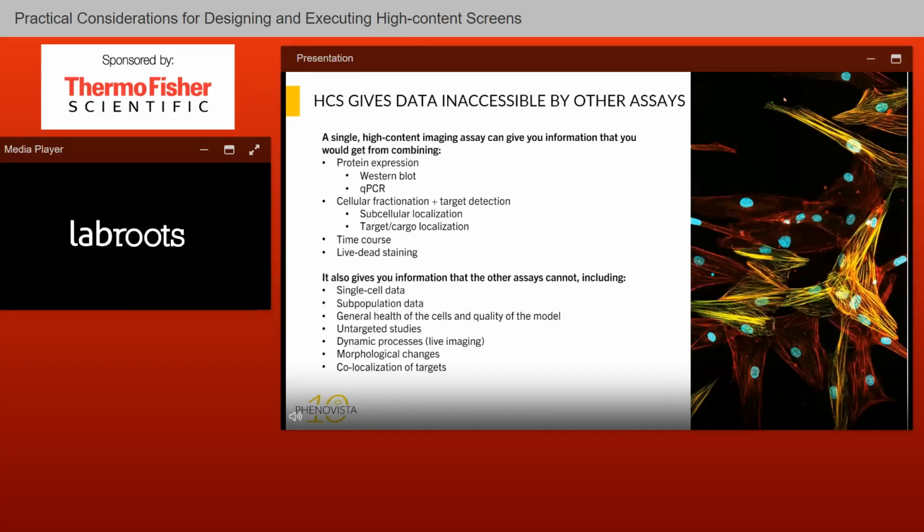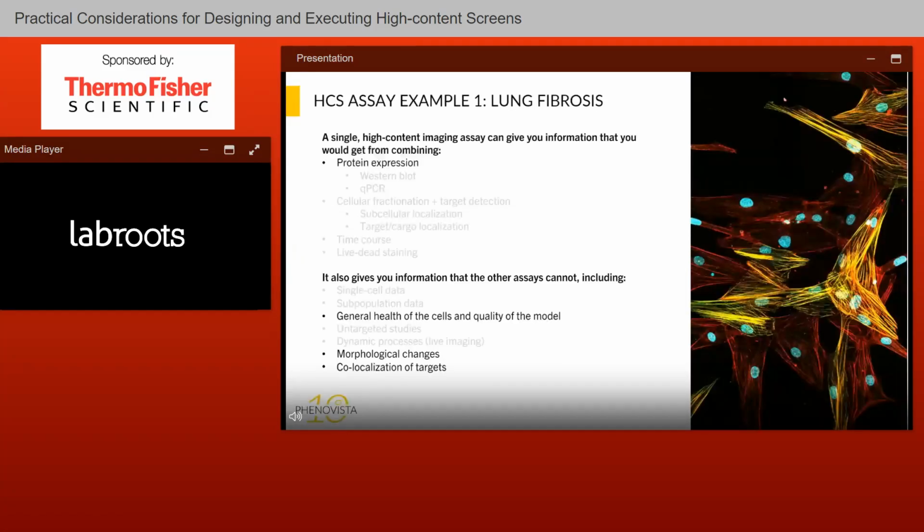So the things that you can't get from a Western blot: single cell data, subpopulation data, combining both the morphological and pathway-specific readouts with the viability of the cells, and then dynamic and morphological changes. So high content has a lot of advantages.